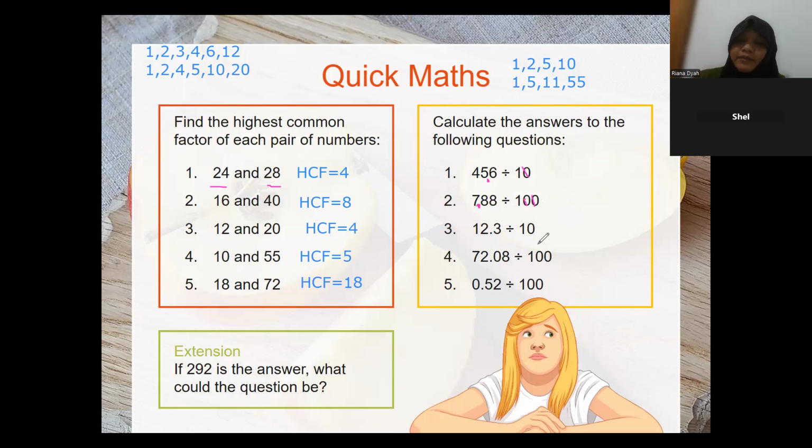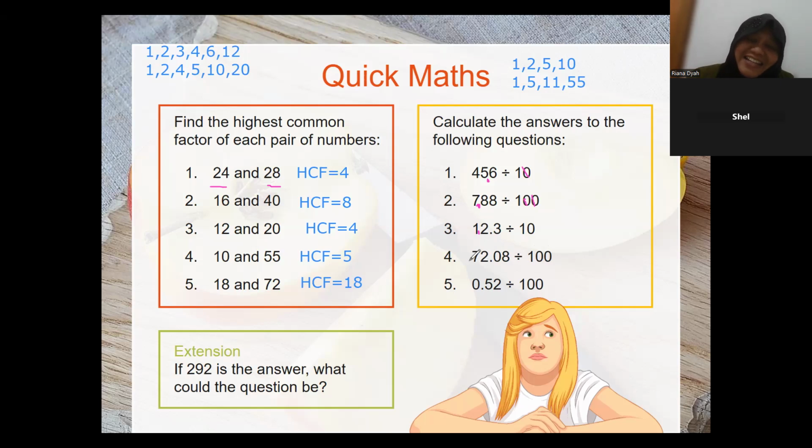What about number 3? 12.3 divided by 10. The decimal point between 1 and 2. Very good. And then number 4? Is it between another zero and the second?